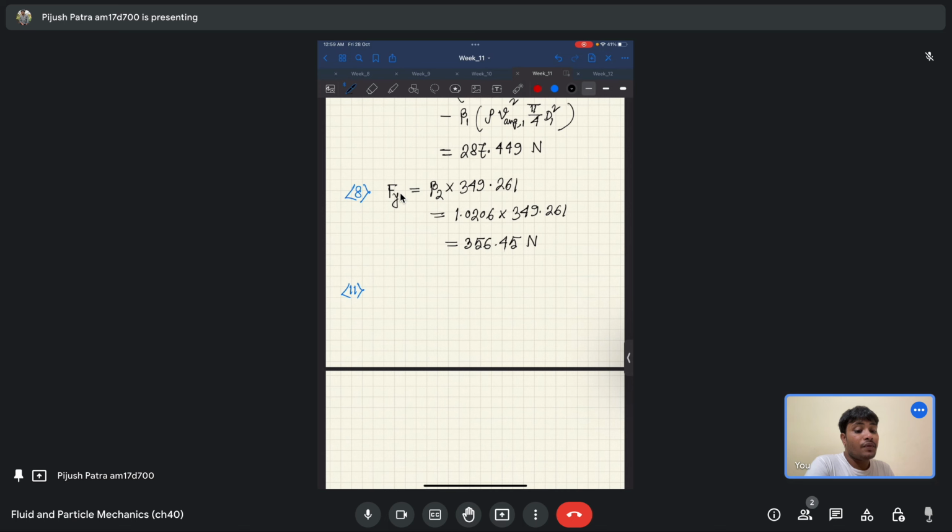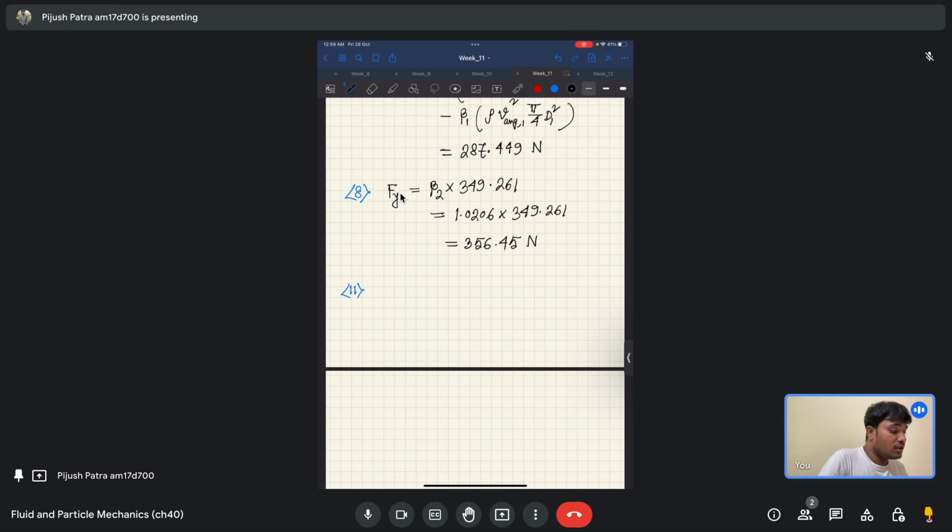If you use the average velocities to calculate the different heads and all, then in order to correct the actual kinetic energy, like the actual kinetic energy by integrating the velocity profile and all, that means that V by V average Q into dA divided by A. In order to do that, you have to accordingly multiply the kinetic energy correction factor at both sides.